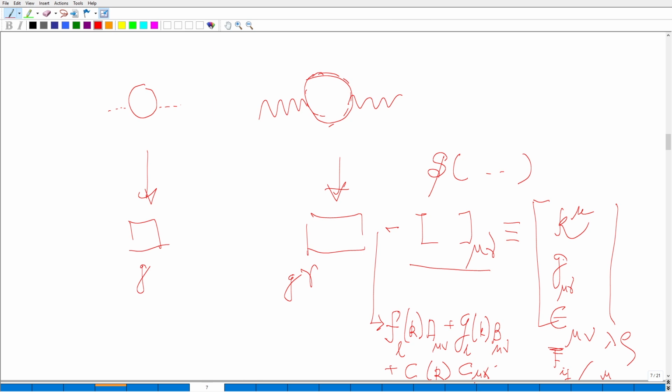We can write down the full 2-point amplitude as a sum of these little pieces, and these little pieces, A mu nu, B mu nu, C mu nu, etc., and the scalar functions f, g and c, should be subjected to the symmetries of the theory under consideration as far as the vacuum theory is concerned.